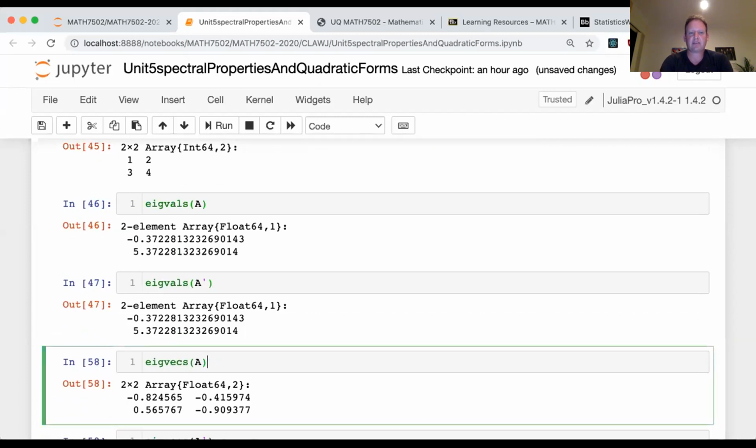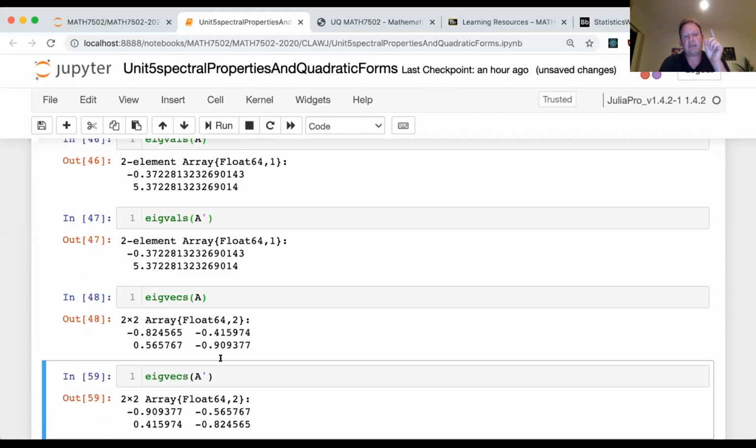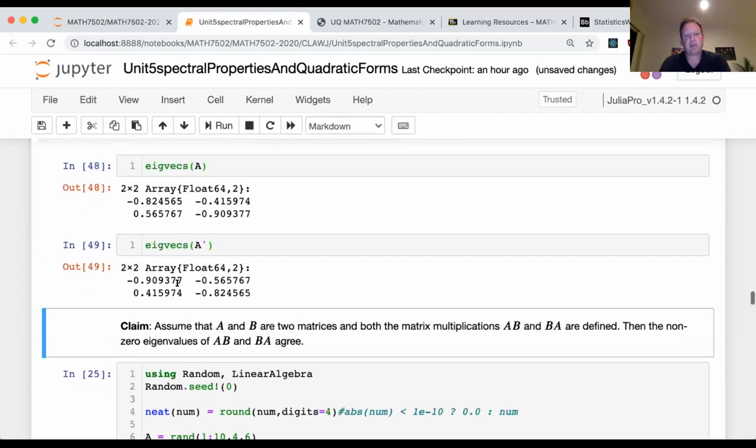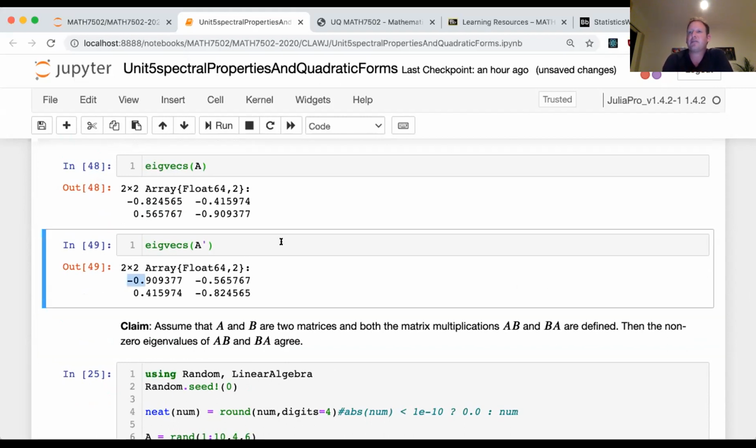But these are eigenvectors of A, and these are eigenvectors of A transpose, and they're different. Well, they're not fully completely different, they're somewhat similar in this case, but in general you get a different one.